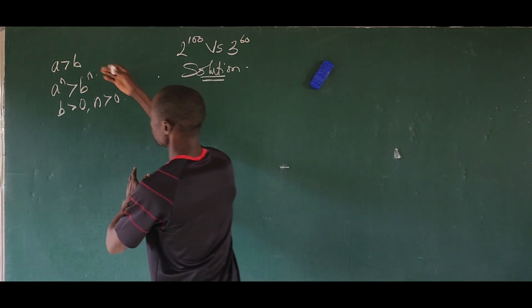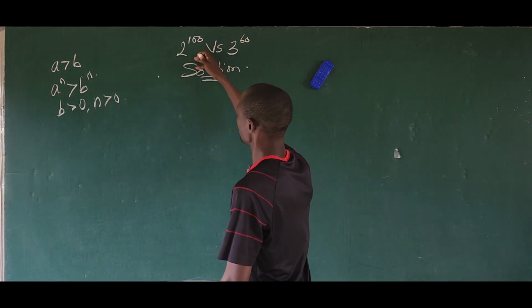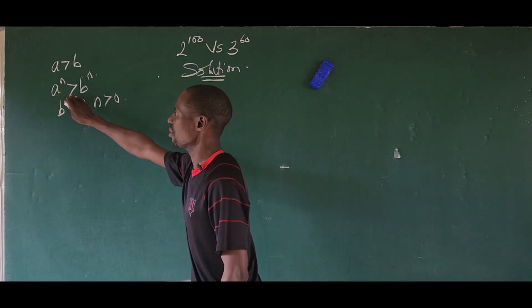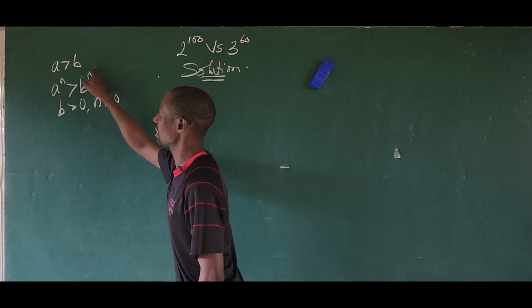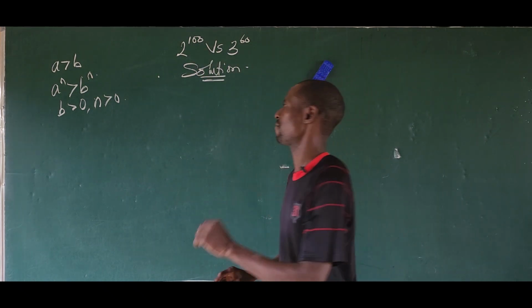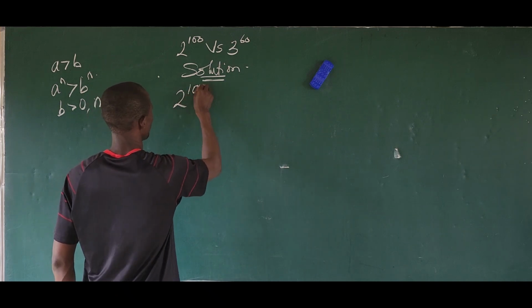So for us to know if this is greater than this or less than this, we want to make use of this, and we want to strike the same power for both. Let's take the first one, 2 to the power of 100.